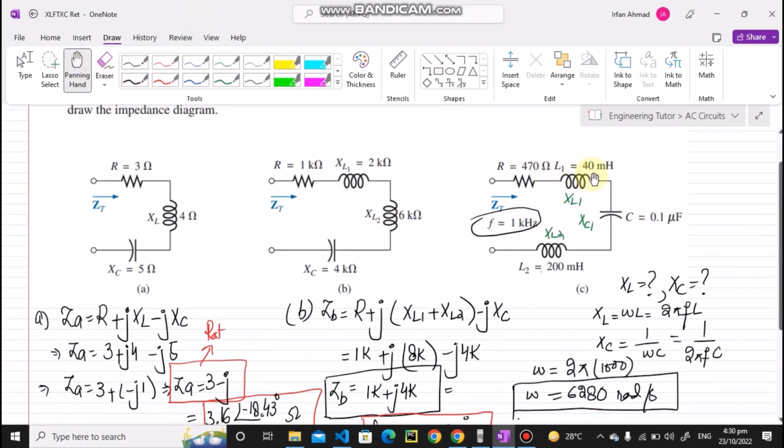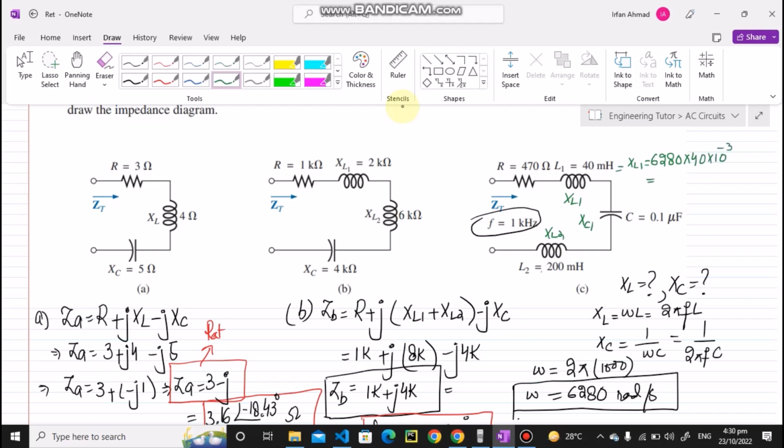Let me calculate them, and let me first see what the values are. The value of L1 is 40 millihenry. So XL1 will be omega, 6280, multiplied by L1, which is 40 into 10 raised to power minus 3.